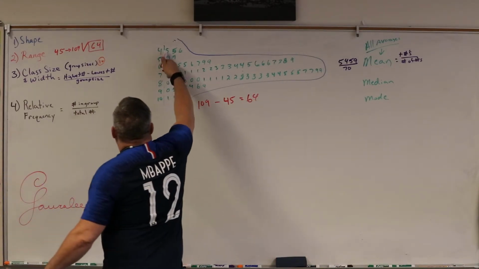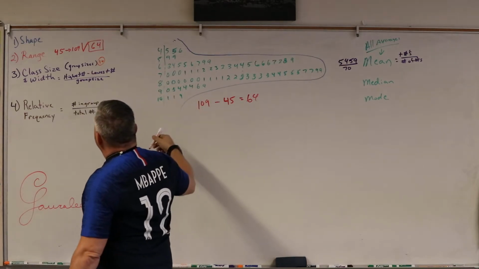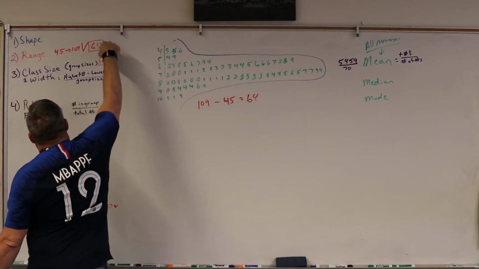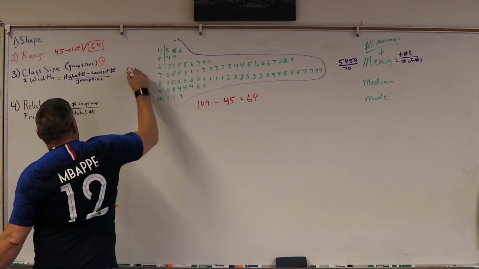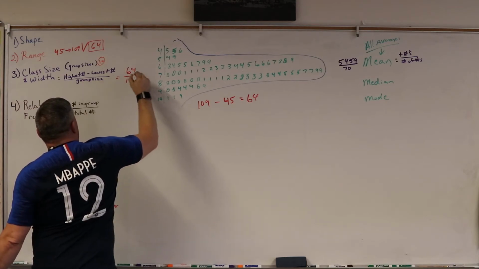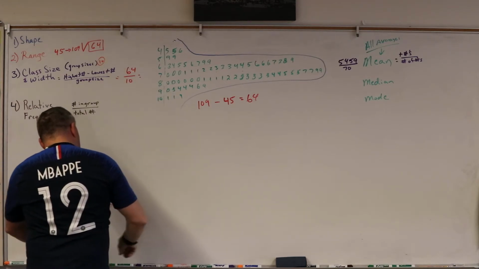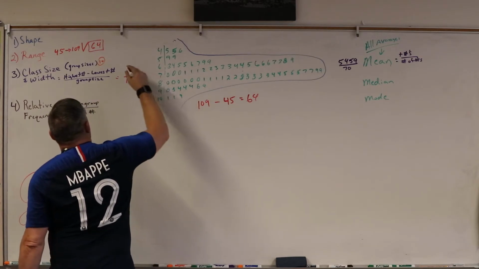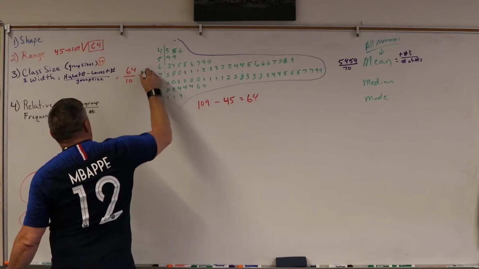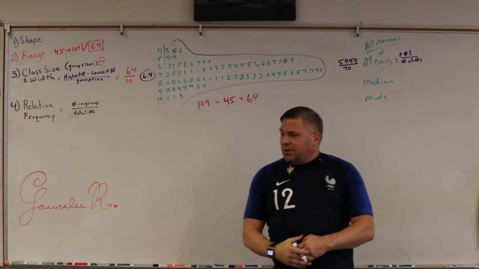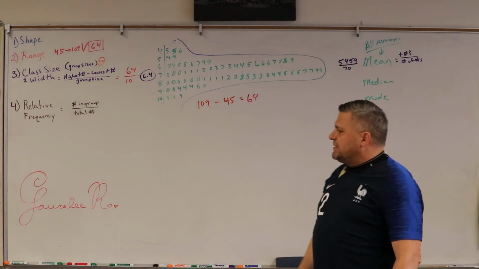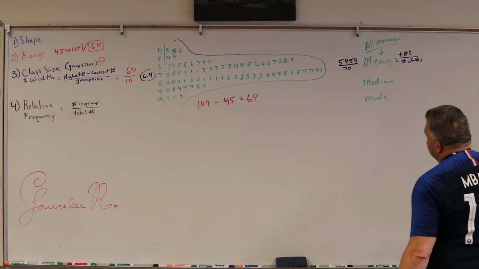Our group size is 10, and our range is 64, divided by 10. So we get 6.4. And that is what our class size is. That's how you determine your class size.